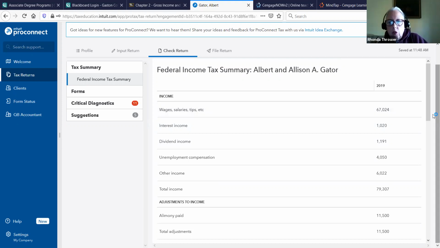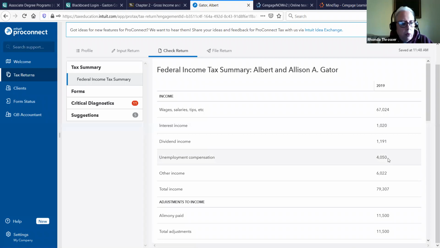So I want to check these just to make sure that I haven't left anything out. The wages, remember, came from the W-2 form that was entered in Chapter 1, so we didn't have to do anything to that. For interest income, the amount was $1,020. For our dividend income, it was $1,191.